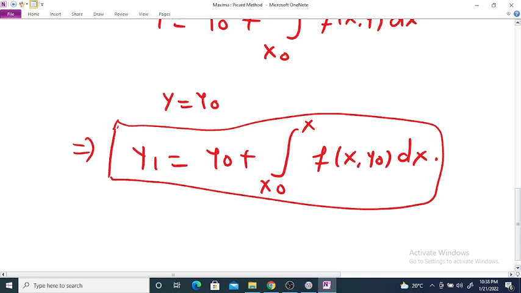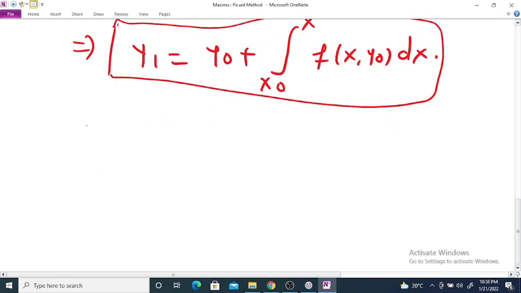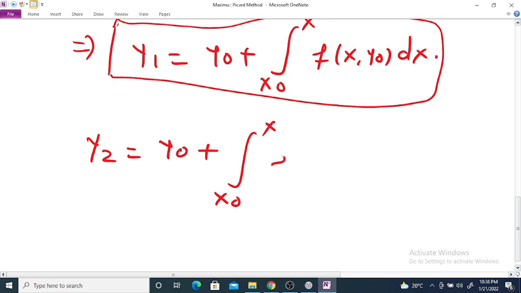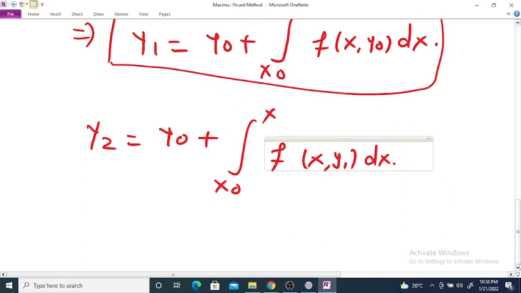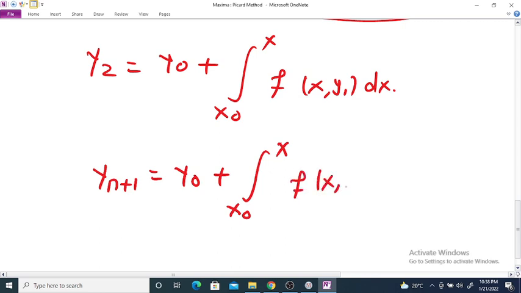The formula for y2 is y0 plus the integral x0 to x f of x y1 dx, and so on. In general, yn plus 1 is equal to y0 plus the integral x0 to x f of x yn dx.